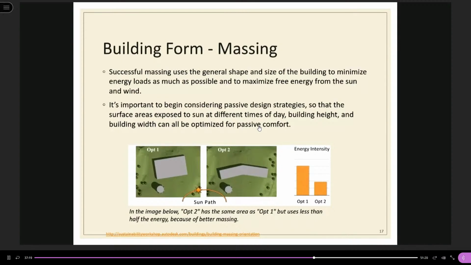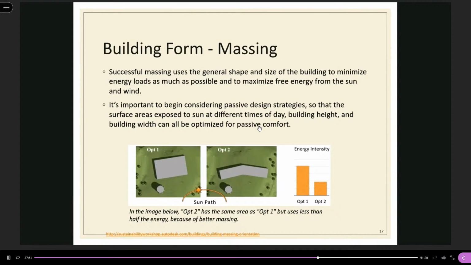Successful massing uses the general shape and size of the building to minimize energy loss as much as possible, to maximize free energy from the sun and the wind. It is important to begin considering passive design strategies so that the surface area exposed to the sun at different times of the day, building height, and building width can all be optimized for passive comfort.